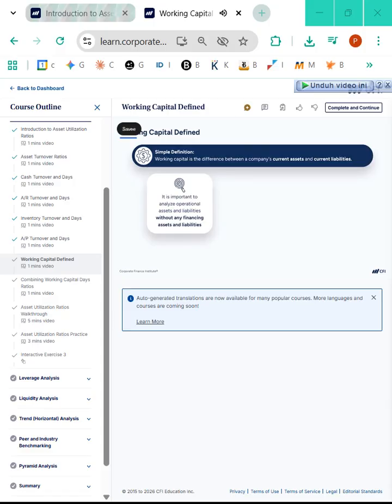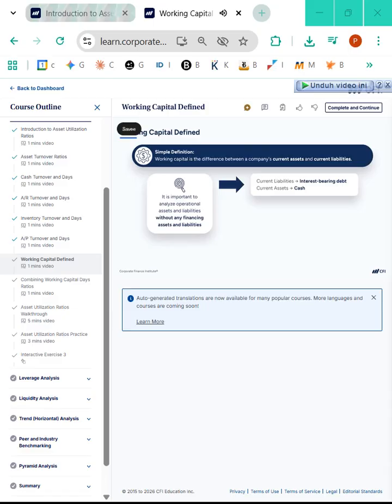So what do I mean by financing liabilities? Well, often in current liabilities, we can have, for example, some interest-bearing debt. Maybe it's a line of credit. And in current assets, we have cash. Recall that when we calculated invested capital, we took interest-bearing current liabilities and non-current liabilities and then deducted cash to get net debt.